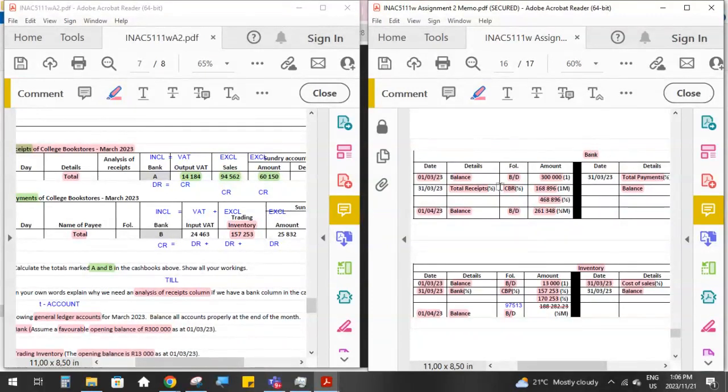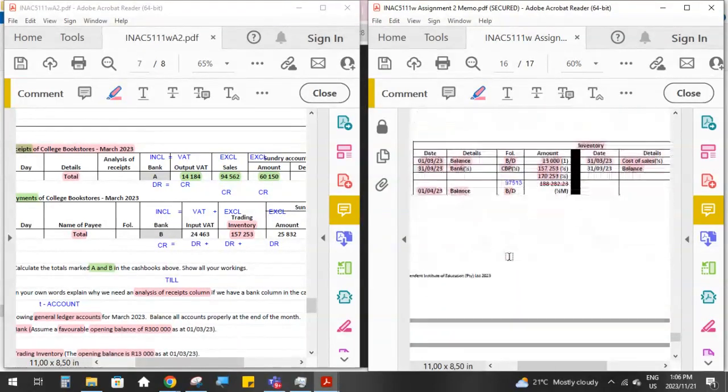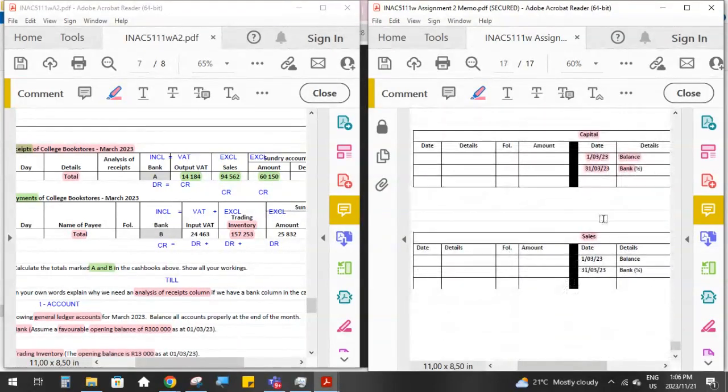So bank account, I can have debits or credits. Inventory, also, I sometimes purchase new inventory, so I can debit inventory. I sometimes sell inventory, so I can credit inventory. My capital account will only ever get credited. If the owner takes capital out of the business, we debit the drawings account. Never any debit to the capital account.